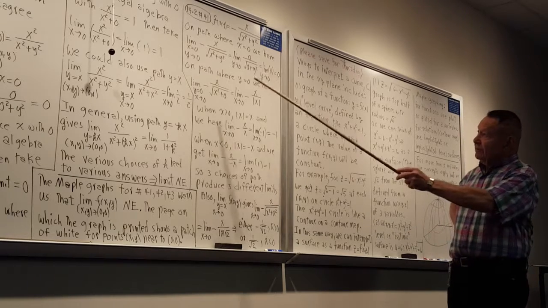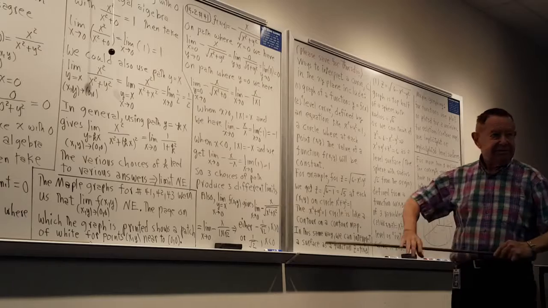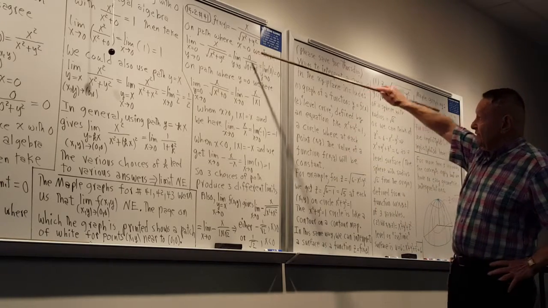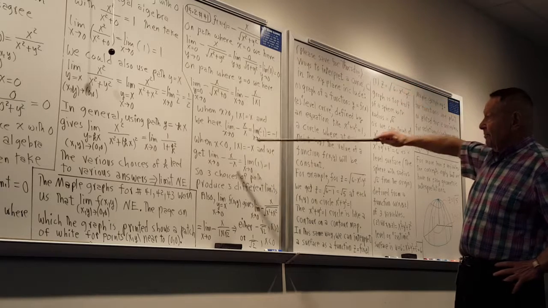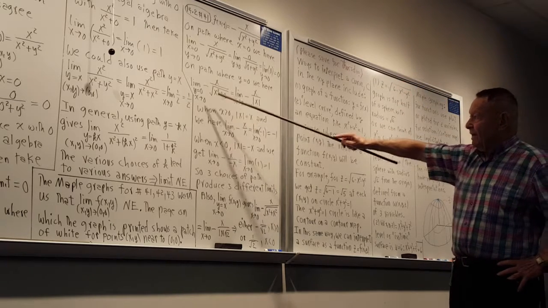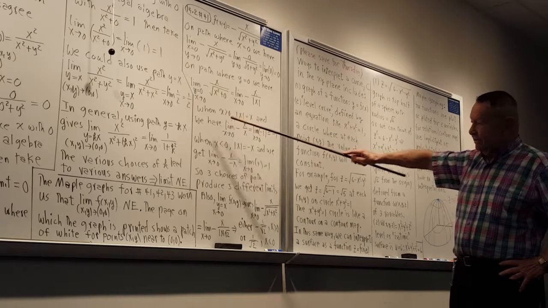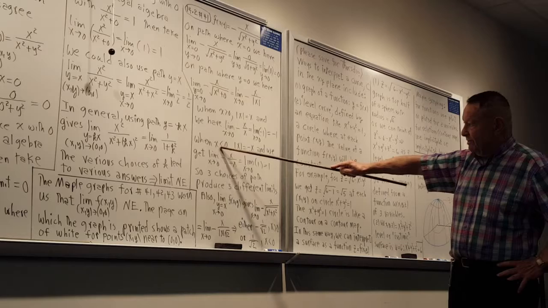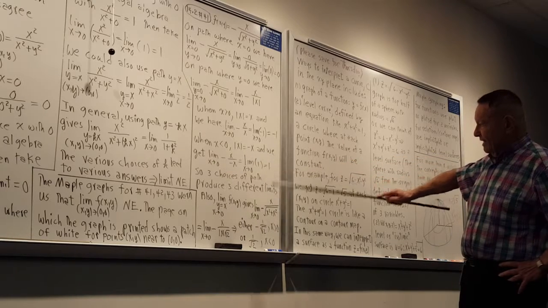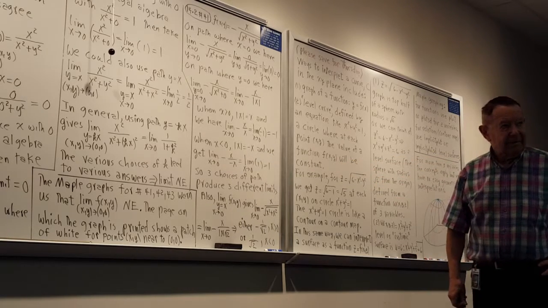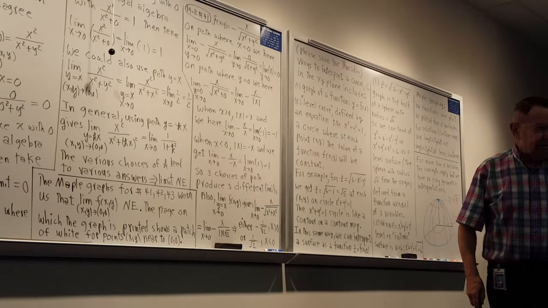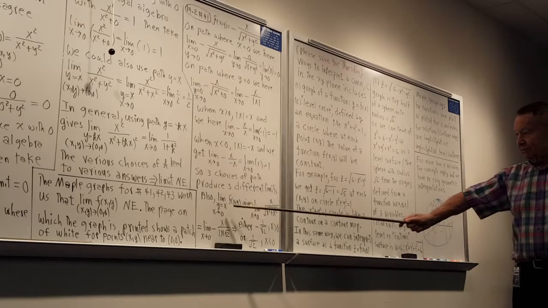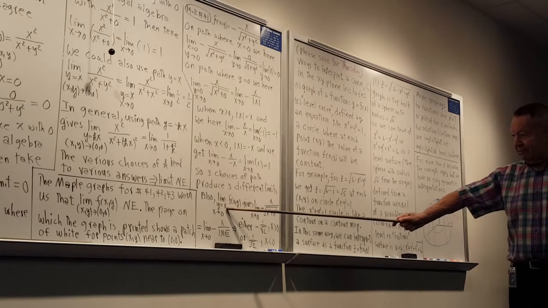So here are three choices of paths. The one where x was 0, my answer was 0. The one where y was 0 and x was positive, I got minus 1. The one where y was 0 and x was negative, I got 1. And you could go on and on and on with this. Suppose you came in on the line y equals x.